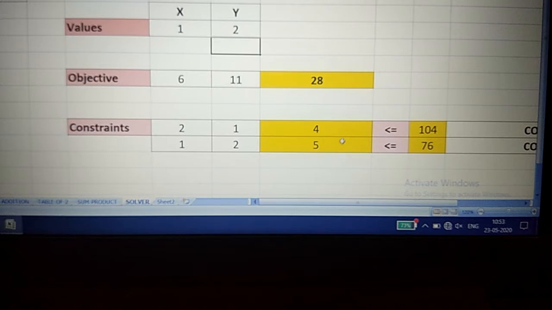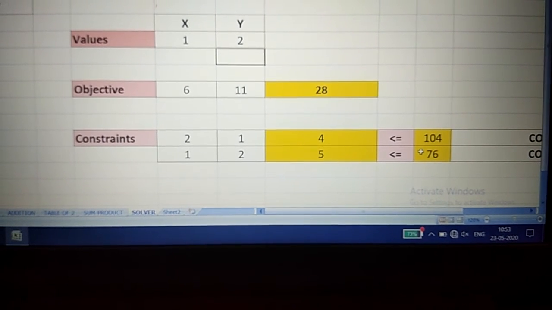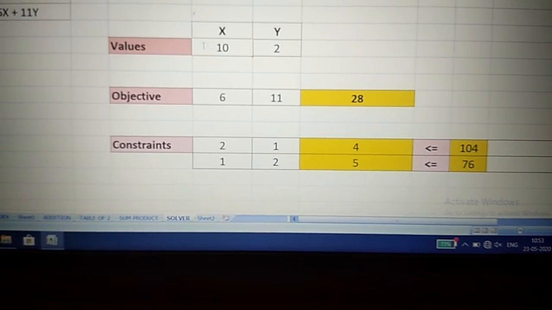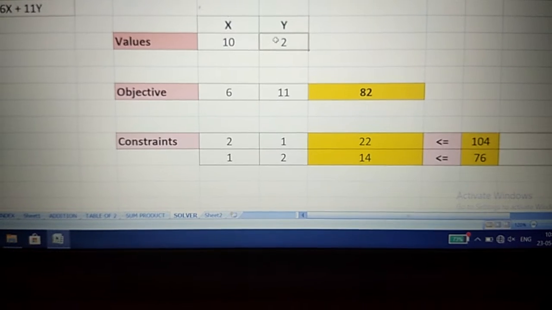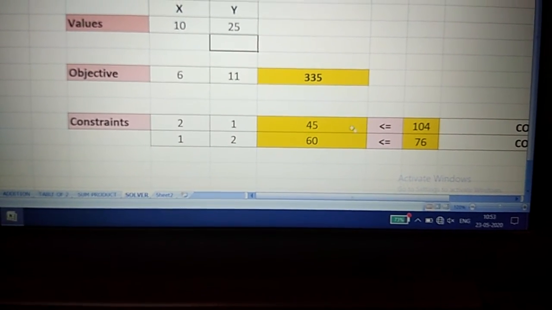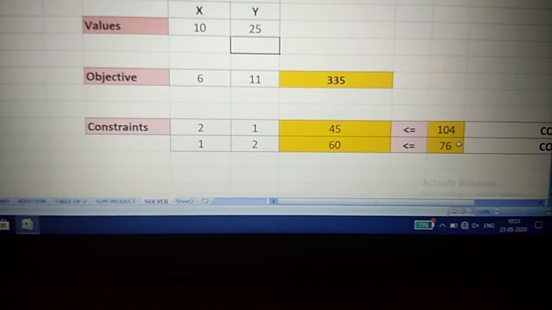But we need the values very much closer to 104 and very much closer to 76. Clear? So if I put something here like 10, and over here 20 or 25, what will happen? See, once again, 45 is less than 104, satisfying the constraint, and 60 is less than 76, again satisfying the constraint.